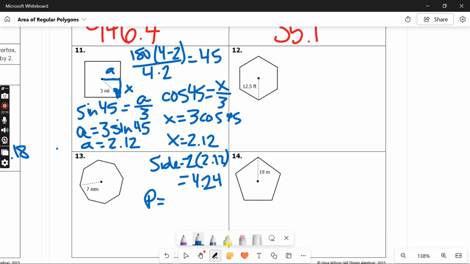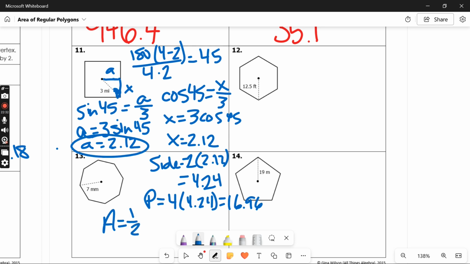And then I can find my perimeter. My perimeter would be 4 times 4.24, which is 16.96. And then I can use my formula. A equals 1/2. My apothem is 2.12 times my perimeter, which is 16.96.